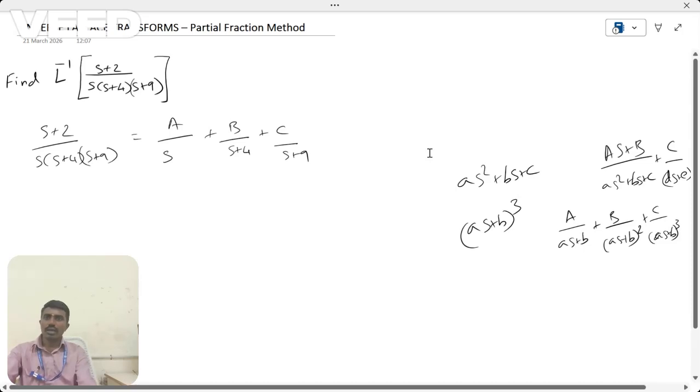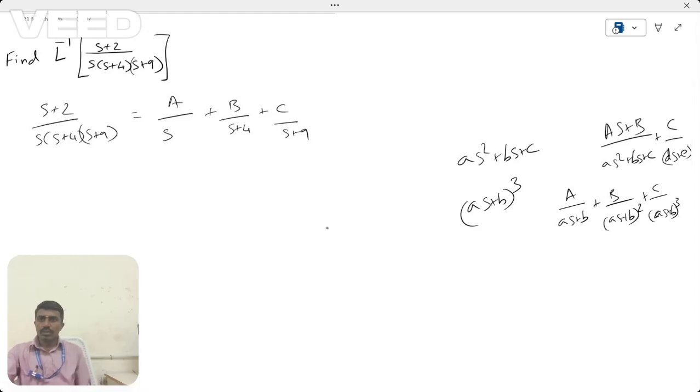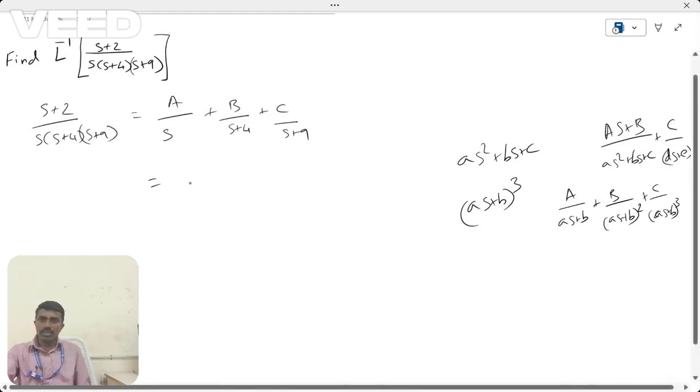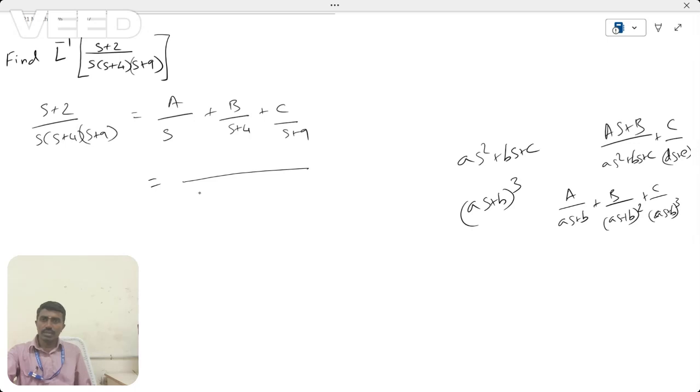So here all are linear, that's why we write A by one factor, plus B by the next factor, plus C by the next factor. Now simplify this right-hand side. The LCM of the denominators is s into (s plus 4) into (s plus 9). Now cross multiply.